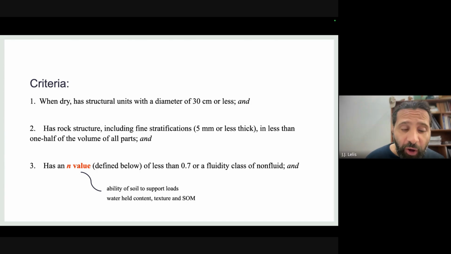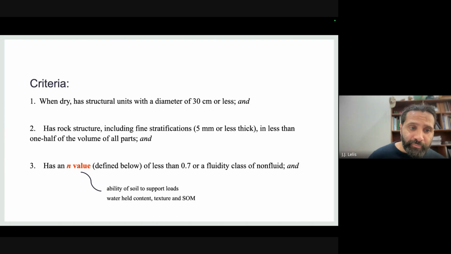Okay, if it follows all of those criteria, or at least those criteria that are mandatory, then yes, you can call that a diagnostic horizon. If it doesn't follow all the criteria, or at least the mandatory criteria, no, you cannot call it the specific diagnostic horizon. So which criteria are mandatory for the diagnostic horizon called anthropic epipedon?